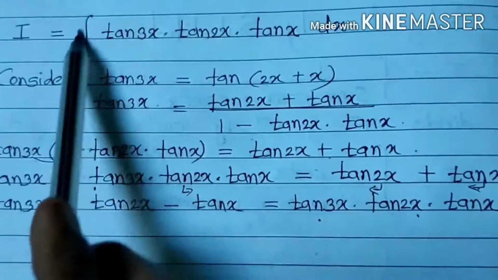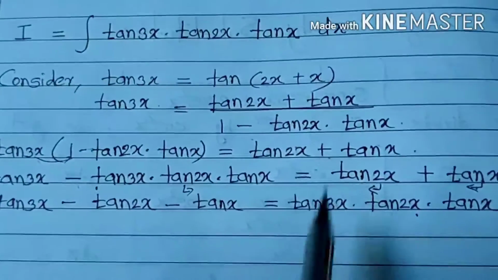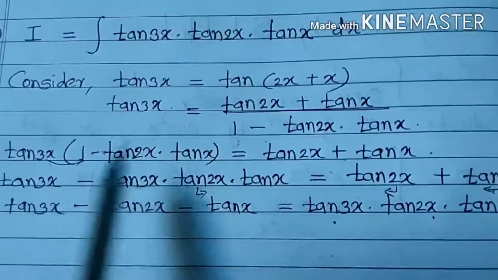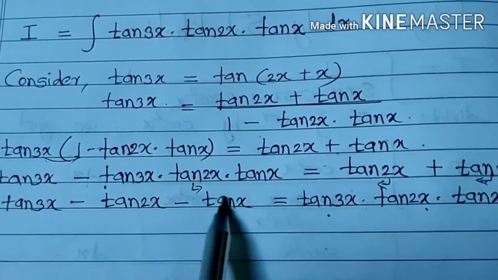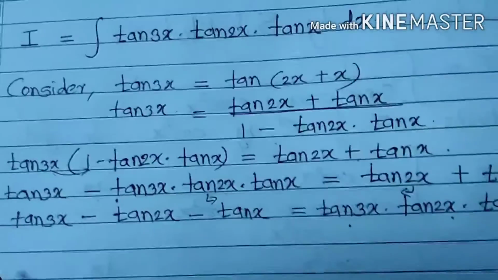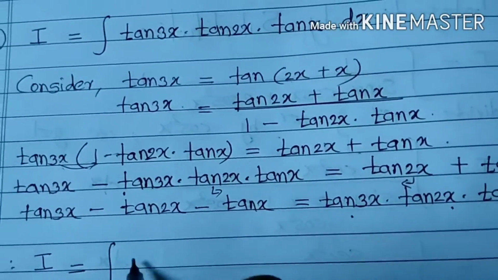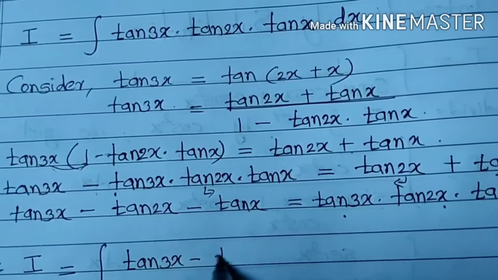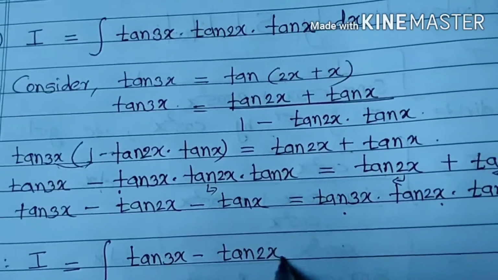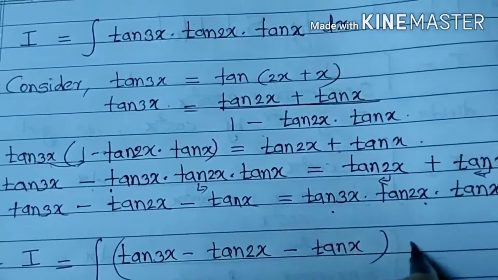This is our integrand, so by substituting this value, our integration will become tan 3x minus tan 2x minus tan x into dx.